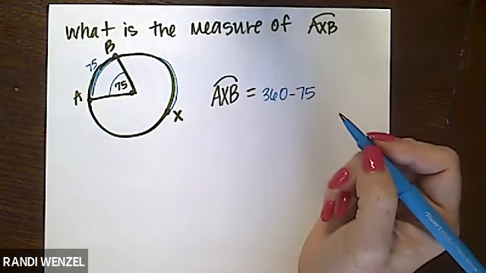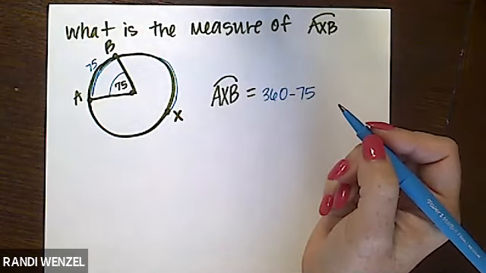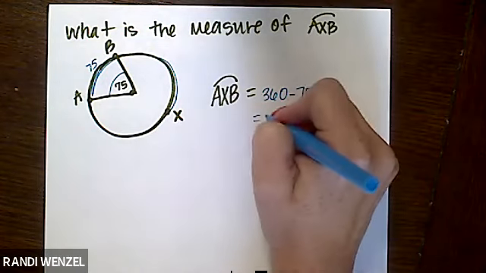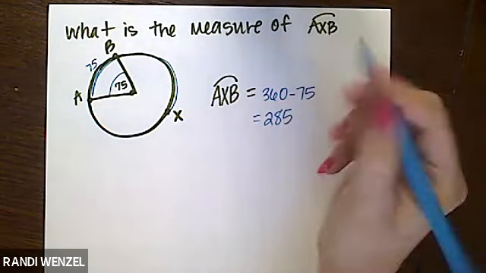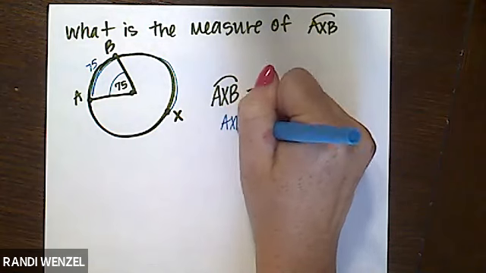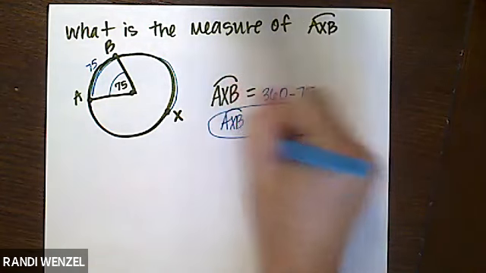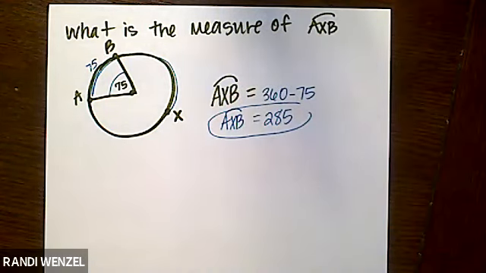And 360 minus 75 should give us 285. So the measure of arc AXB would equal 285. So hopefully you're not finding this too challenging. Basically, they're either equal or you're going to subtract from 360.